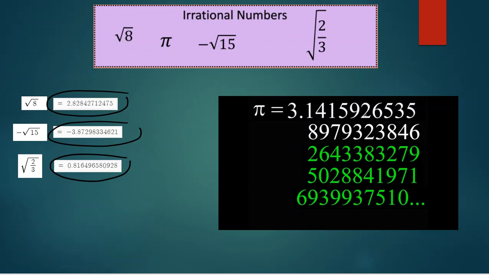And then the last example is pi. I think this is something that you guys are probably familiar with. But pi is also a never repeating, never ending decimal. So irrational numbers are numbers that cannot be written as fractions. One thing that you need to know is that a number is either going to be a rational number or an irrational number. It can never be both at the same time.